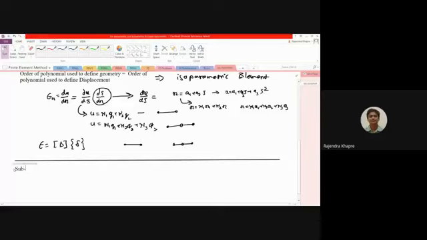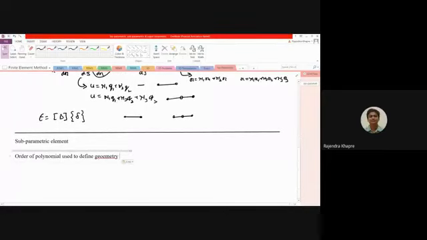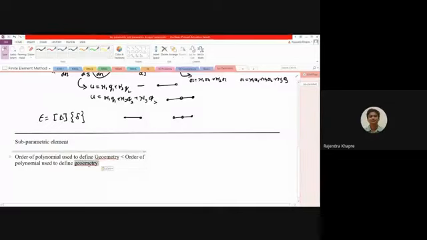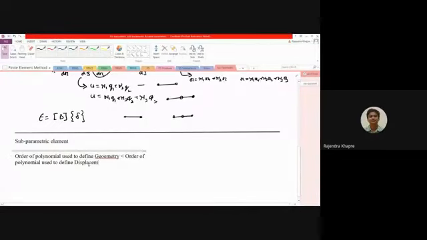In a subparametric element, the order of the polynomial which is used to define the geometry is less than the order of the polynomial which is used to define the displacement. When this is the case, the element is called a subparametric element.